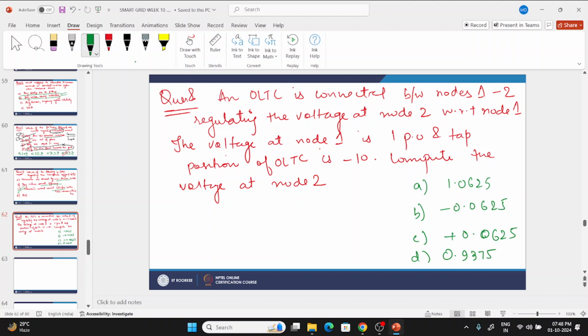OLTC की टैप पोजीशन दी हुई है, so we have to calculate the voltage at node 2 और OLTC लगा कहाँ है? It is between 1 and 2, so we have to calculate this. So write in the chat box, give you a minute.